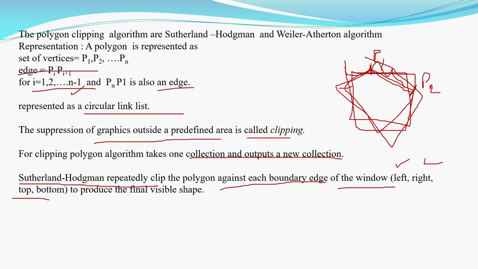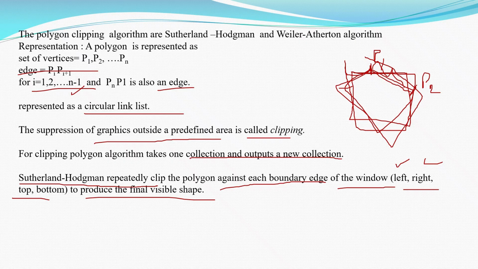In Cohen-Sutherland we can take any order: right, then left, bottom, top, or left, right, top, bottom. There is no fixed sequence for clipping the polygon.